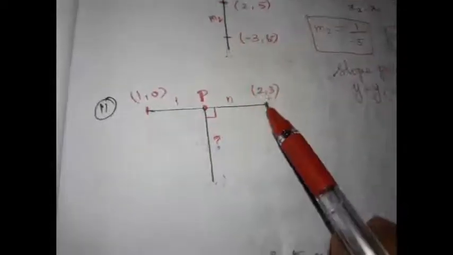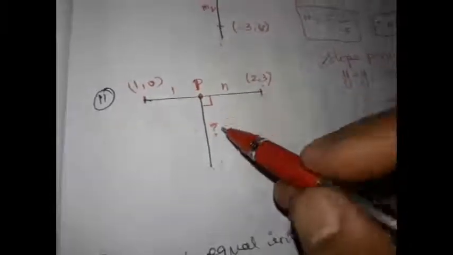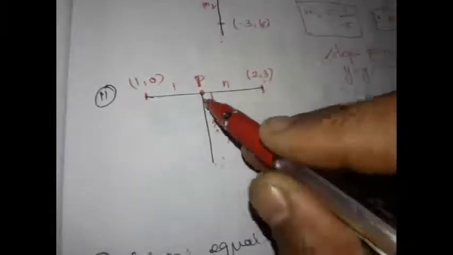So how will you find the equation now? I told you, whenever you come across perpendicular or parallel, you search for the slope there. So very well we can find the slope of this line because we know 2 points on the line, therefore we can find the slope of this, right? Once you get the slope of this, if you negative reciprocate it, we will get the slope of our required line.